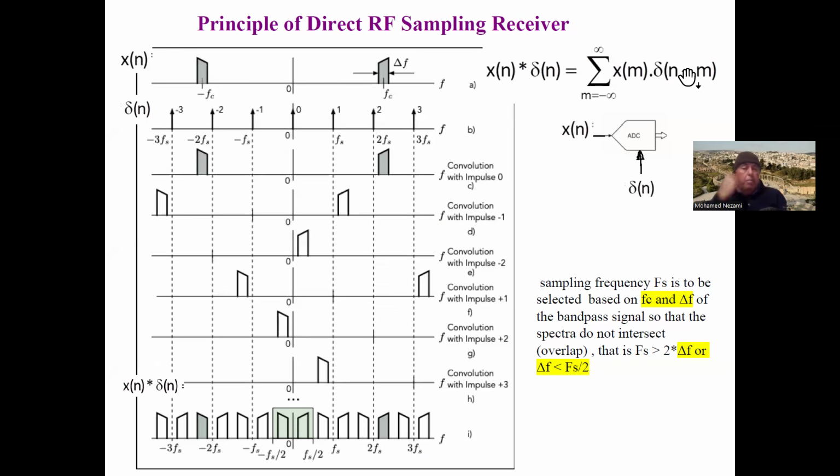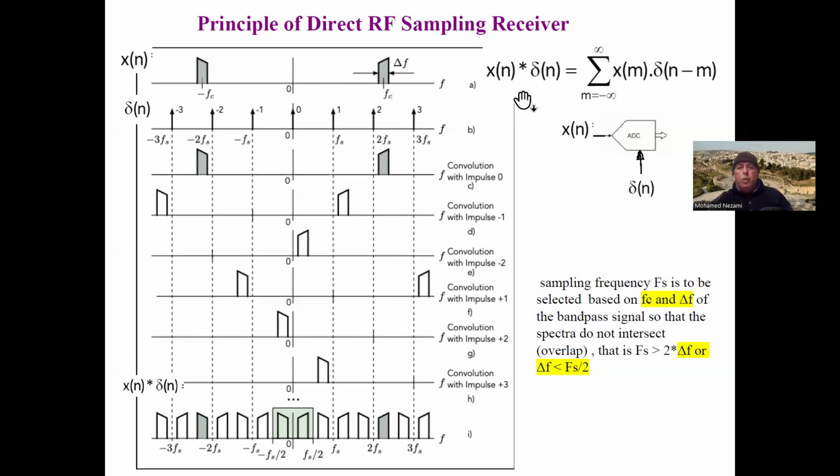And that has a simple definition: when you convolve a signal with an impulse, you get that same signal at the impulse instant, okay? And this is the mathematical principle of the ADC RF direct sampling of signals.